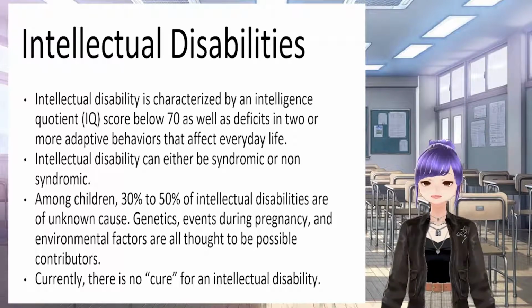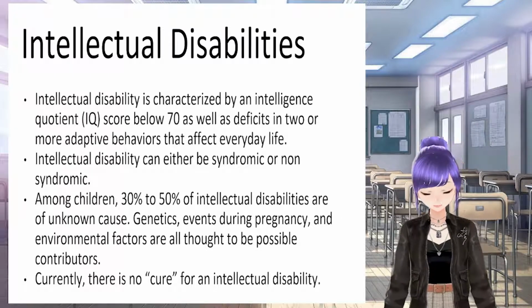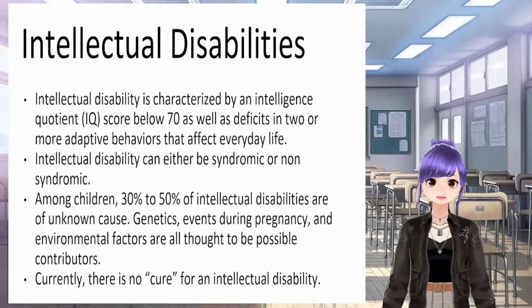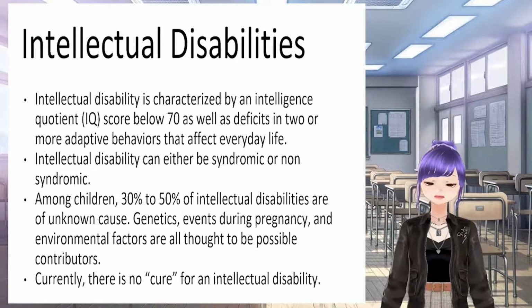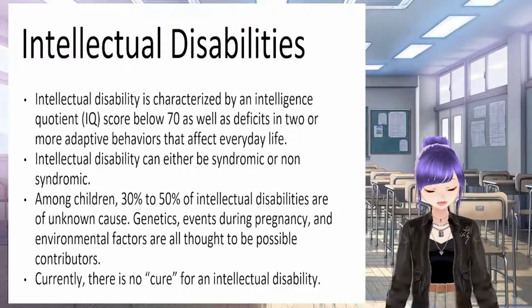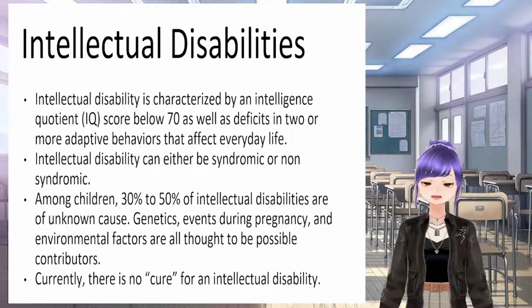Genetics, events during pregnancy, and environmental factors are all thought to be possible contributors. Currently, there is no cure for an intellectual disability. However, with appropriate support and teaching, many individuals can learn to live fulfilling, productive lives.